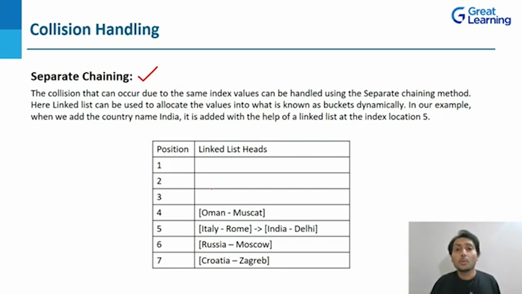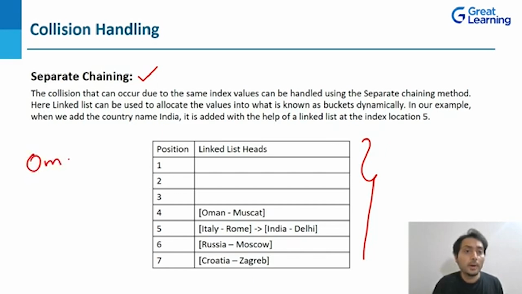So how do we handle this collision with the help of separate chaining? Now just look at this example over here, that is this table. Suppose we have this country Oman. This Oman is nothing but our key.